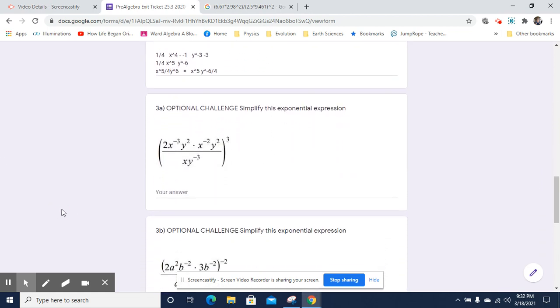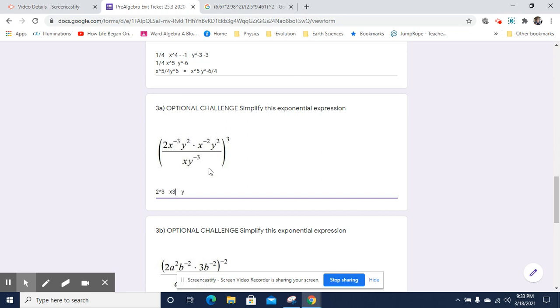Now, here we have a couple optional challenges, and I will go ahead and quickly walk through those. So here's a coefficient of 2 in there that's being cubed, so I'm going to deal with that separately, 2 cubed. And then let's deal with the x's and the y's separately. So the x's, I've got an x to the negative 3 and an x to the negative 2, and that's going to be cubed, so that'll be times 3.